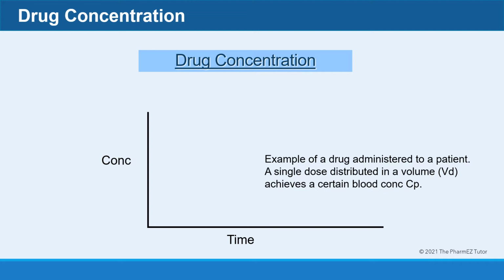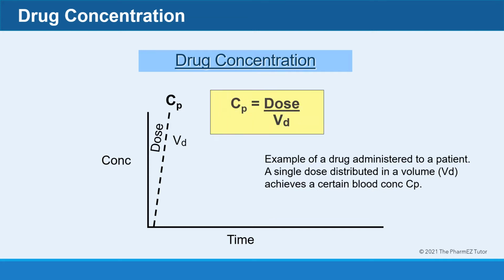Here's an example of a drug administered to a patient. A single dose is distributed into a volume Vd, achieving a certain blood concentration Cp. Cp is the serum concentration of a drug at a specific time. This can be described mathematically using the equation Cp equals dose divided by Vd. This is a fundamental kinetic equation that you need to memorize.